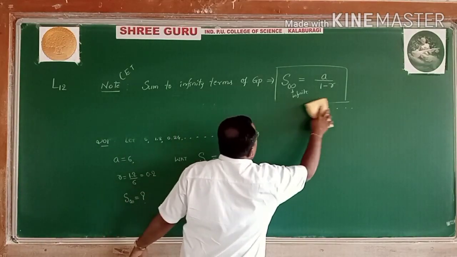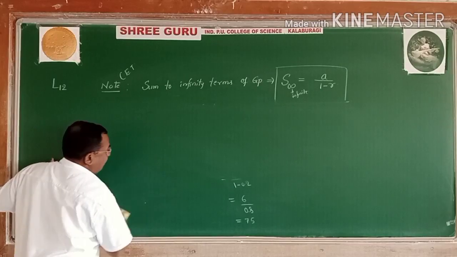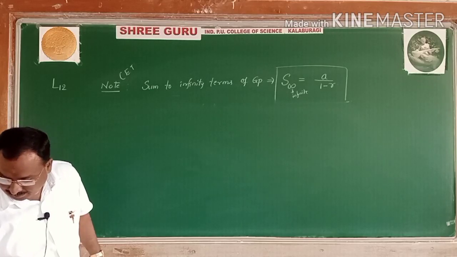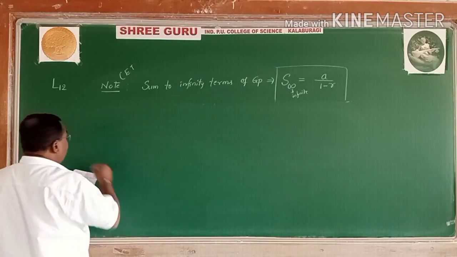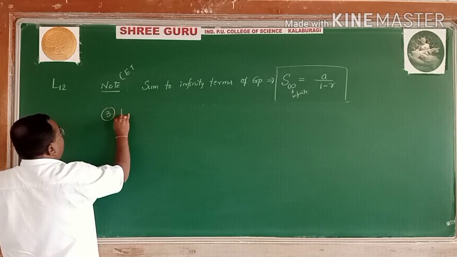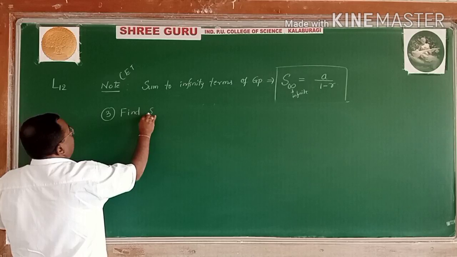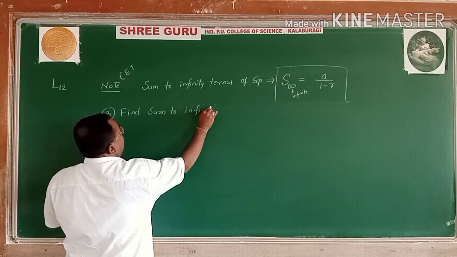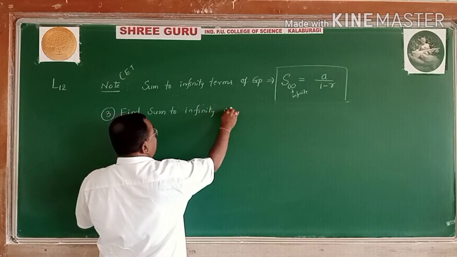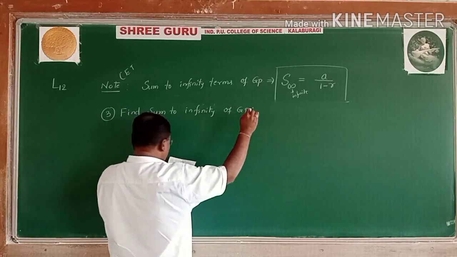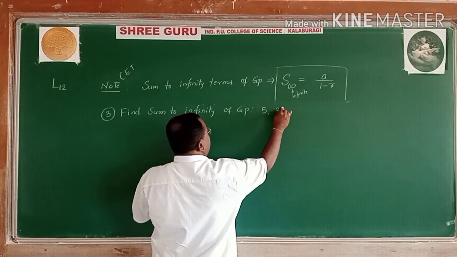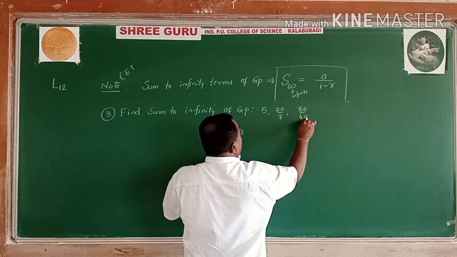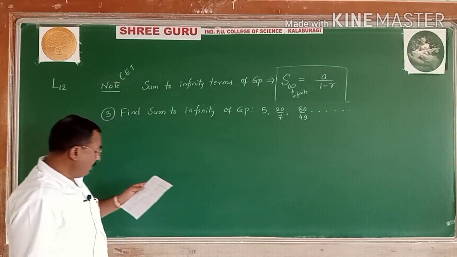Next, example number 3. Find the sum to infinity of the GP 5, 20 by 7, 80 by 49, up to so on.